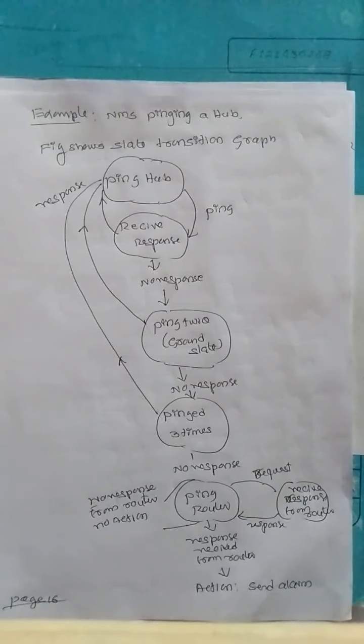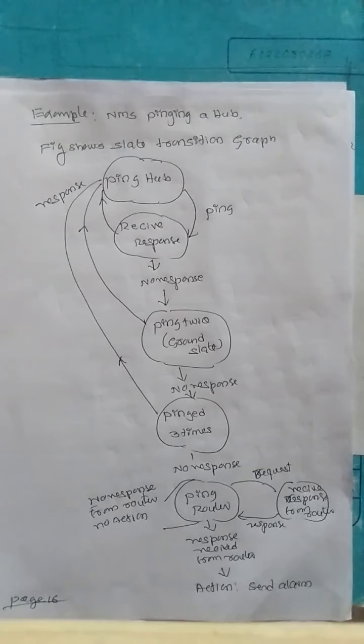This is represented by the top two states, ping hub and receive response, on the left side in the figure shown.